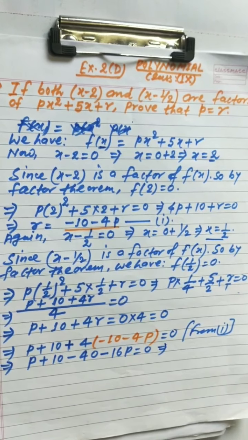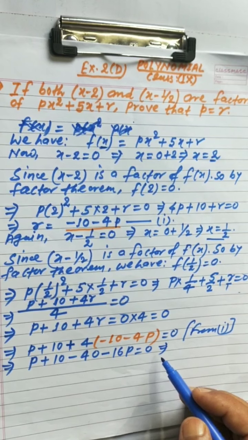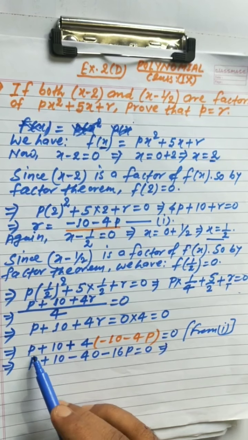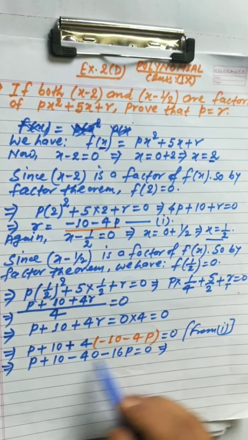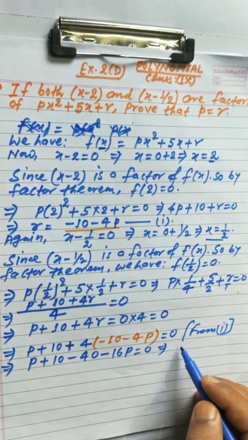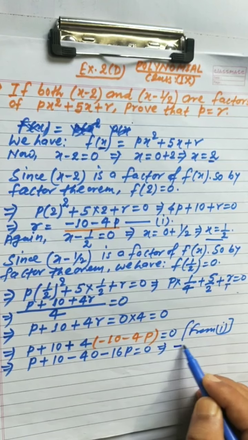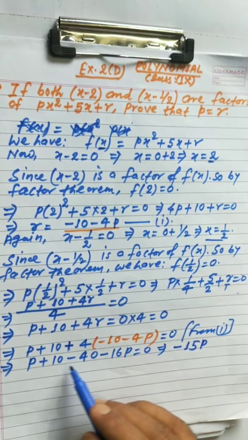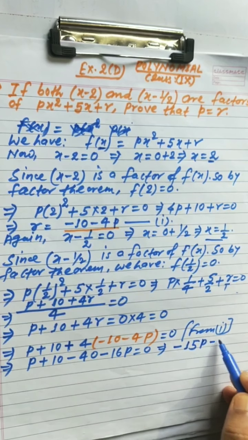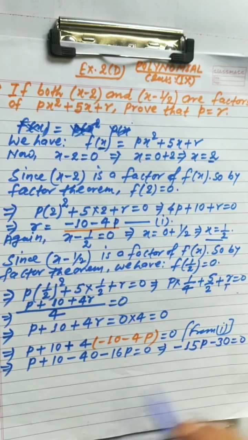So this will be equal to p minus 16p, which will be minus 15p, and 10 minus 40 will be minus 30, is equal to 0.